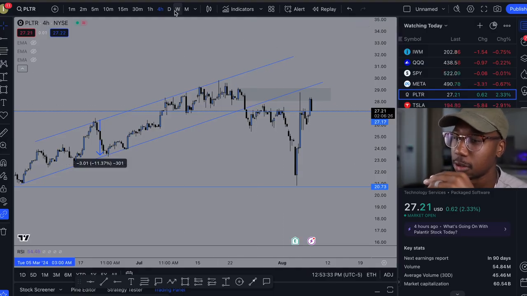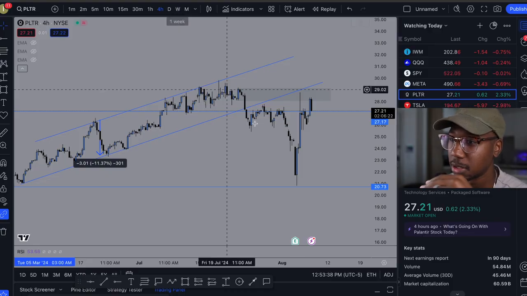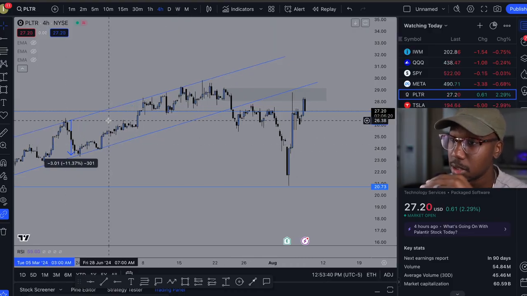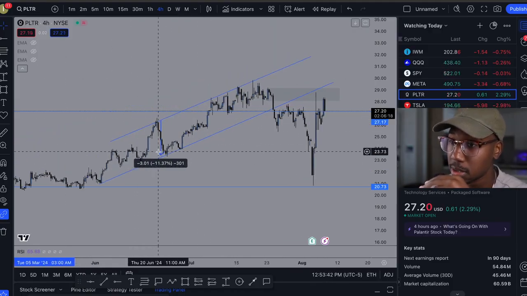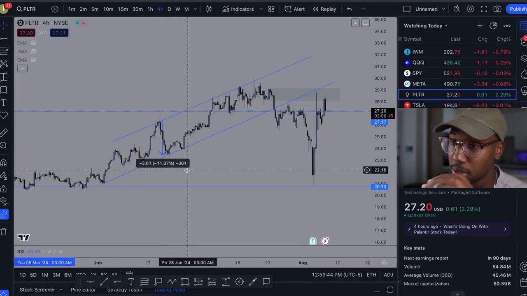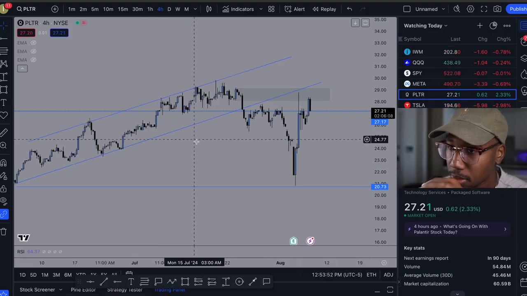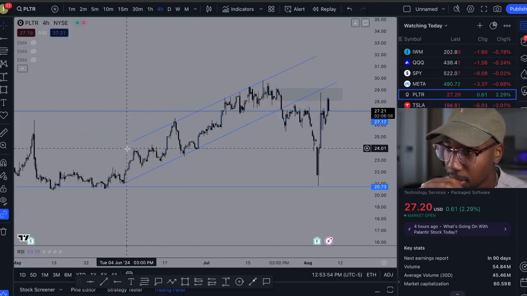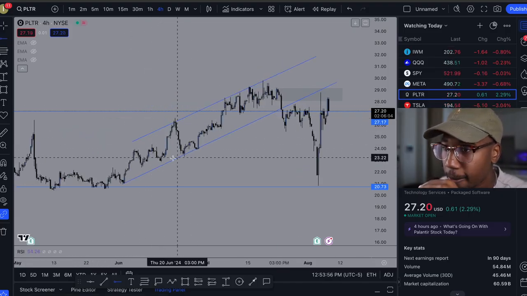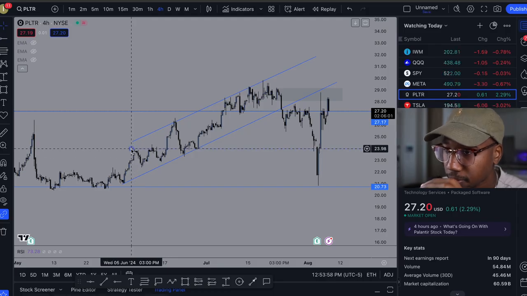All right, so now we're going to be doing the same thing, but on the weekly chart, just because you can do this. This is on the 4-hour chart. So essentially, if you take support and resistance and draw it on the different time frames, you can also see there's an area right here that can serve as support or resistance.